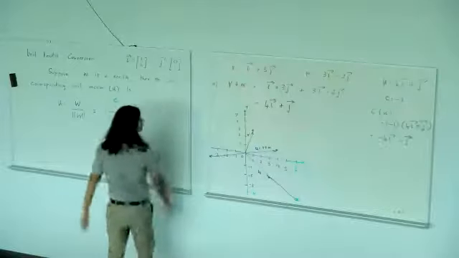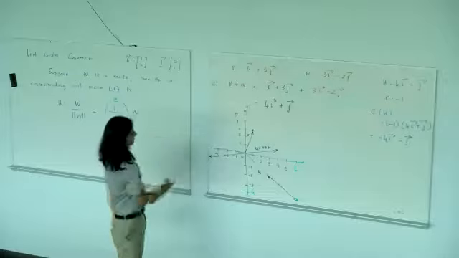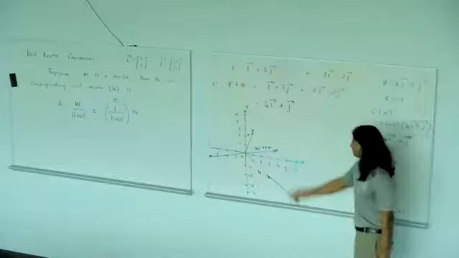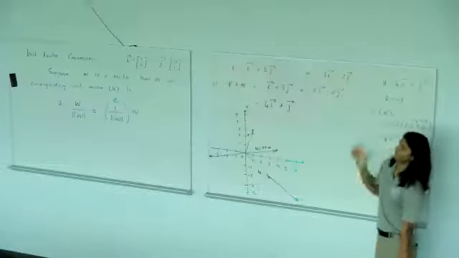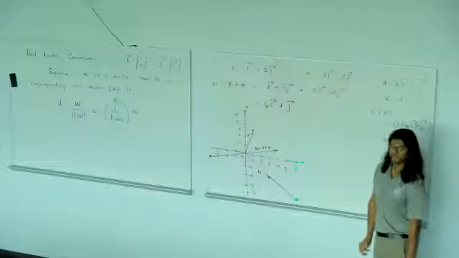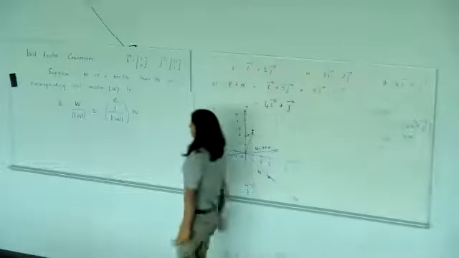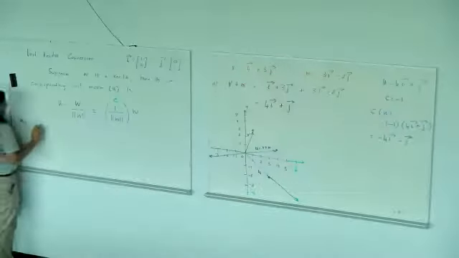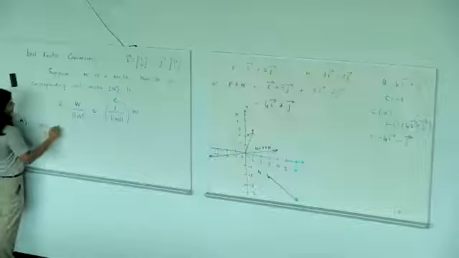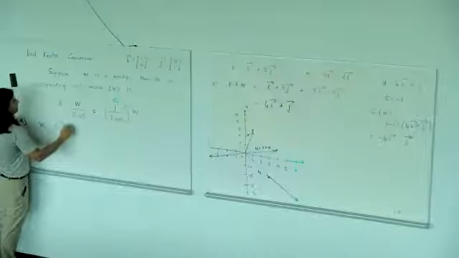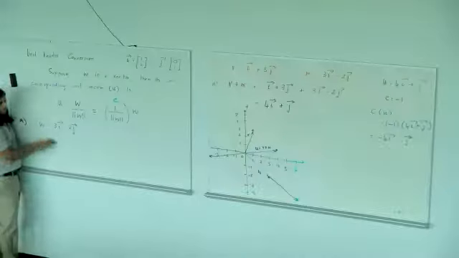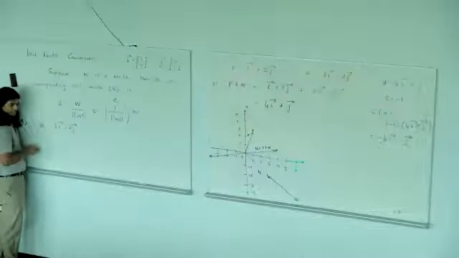Good? So we've got 3 of them. I'll do 1. Which one do we want? V, W, U? W. Easier, right? Okay, I'll do W. That's not a unit vector. But if I find its magnitude, what is the magnitude?